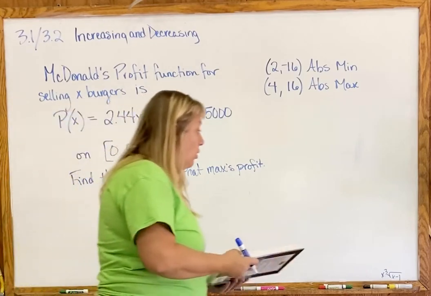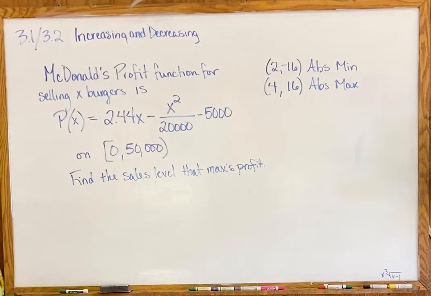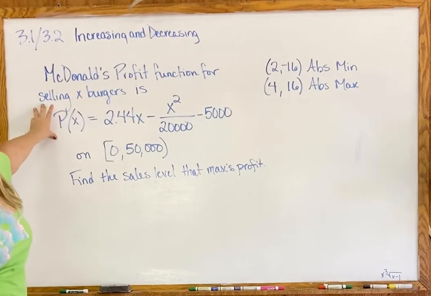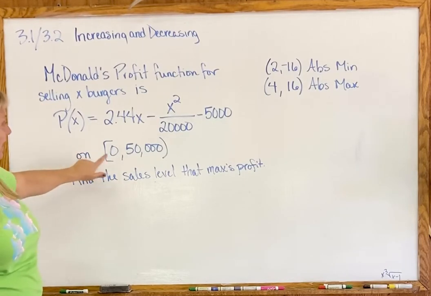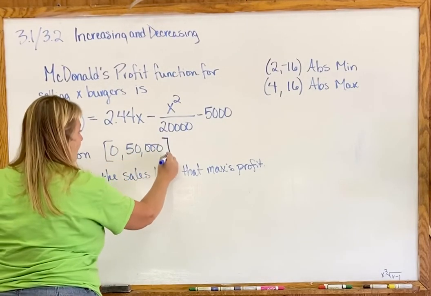So this is more of an example that you would be doing, and this is definitely a valid example. McDonald's is producing x burgers, and this happens to be their profit function. Now here's that closed interval. It says that this is for x between 0 and 50,000, and that should be a bracket and not parentheses, I apologize.